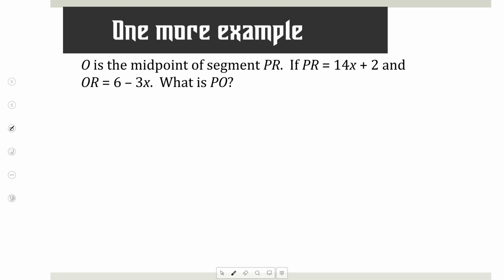No, listen. 14x plus 2 is a big difference. If 14x plus 2 is then 6 minus 3x is that much. You subtract it and you get the other. So then x equals 1 now. And then you plug x in.